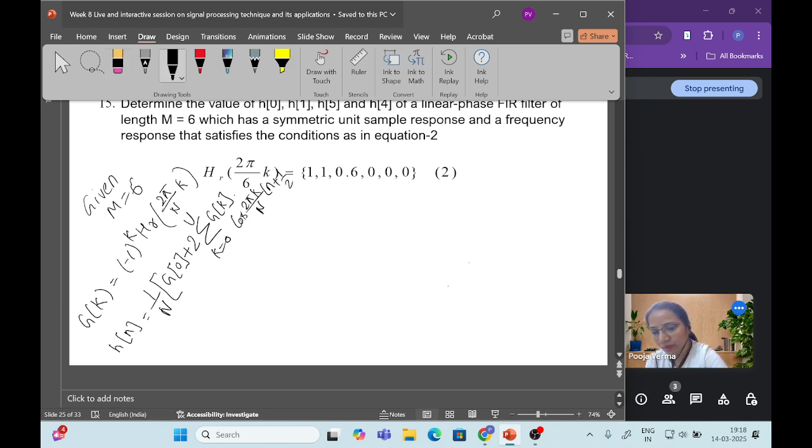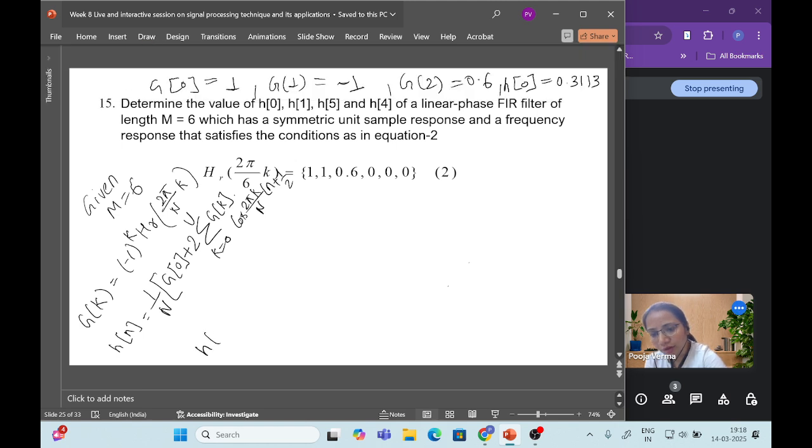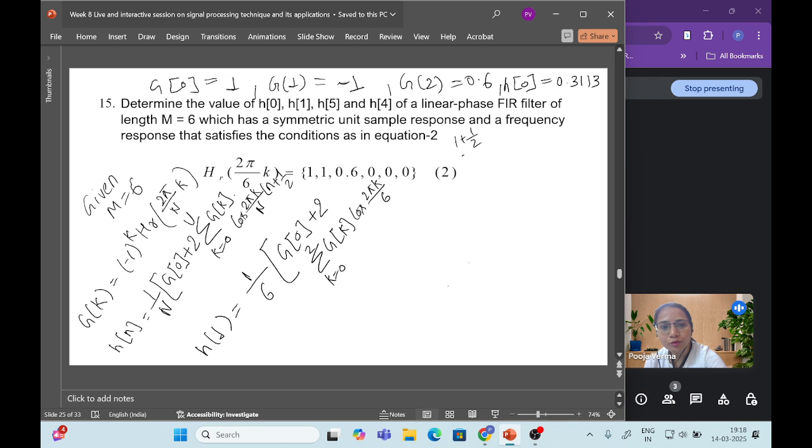Okay, so now put n is equal to 1. So h of 1 equal to 1 by 6 g of 0 plus 2. After 2 I am writing here. Okay, summation k will vary 0 to 2 g of k cos 2 pi k divided by 6. N is 1, so 1 plus 1 by 2, you will get 3 by 2.